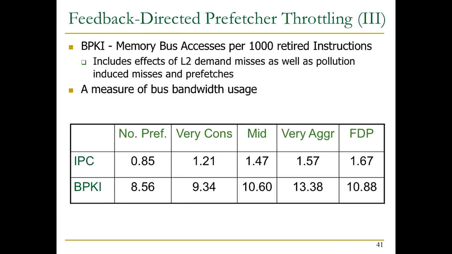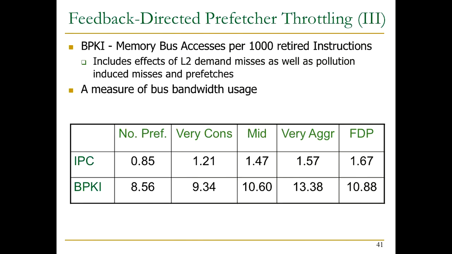And this is some data: very conservative, no prefetching, very conservative prefetching, middle of the road, very aggressive prefetching, and feedback-directed prefetching. So if you look at this, the IPC increases clearly. Bandwidth per kilo instruction also increases. And this is the highest over here. So you may not want to actually go from middle of the road to very aggressive because it increases your bus bandwidth by about 30%, even though it doesn't have a commensurate effect on performance.